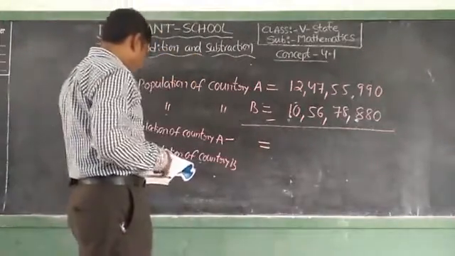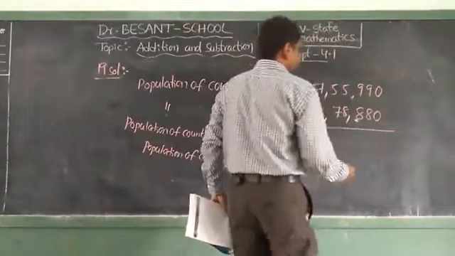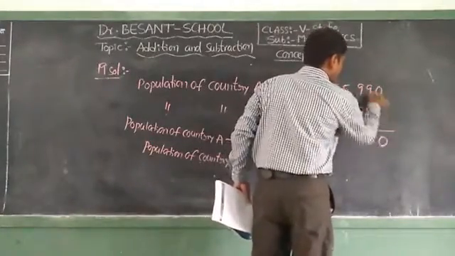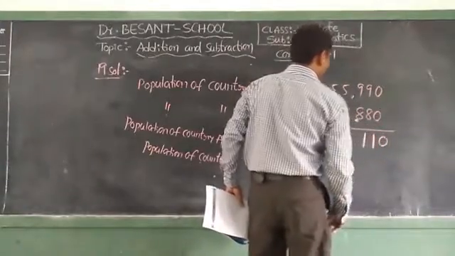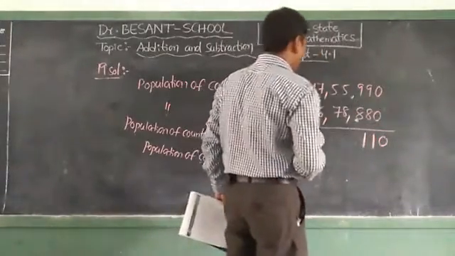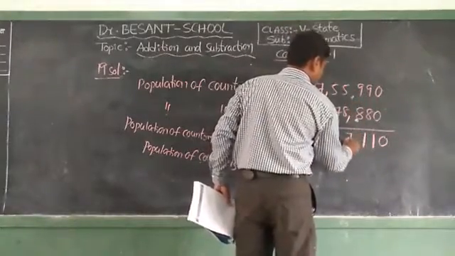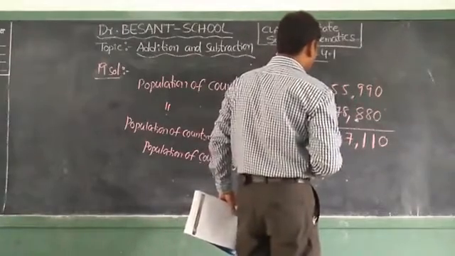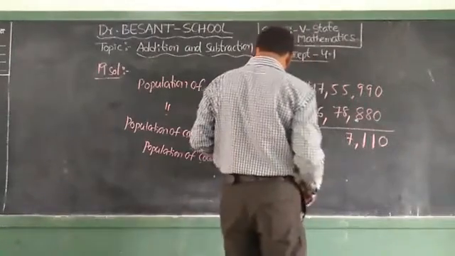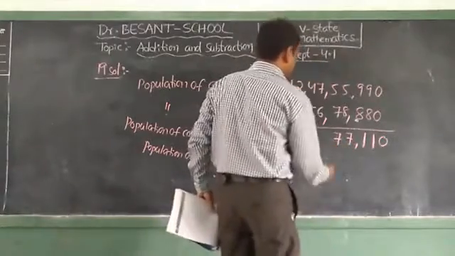Okay, 0, 9 minus 8 is 1, 9 minus 8 is 1. Okay, next 15 minus 8 is 7. Next, okay, 14 minus 7 is 7. Okay, 6 minus 6 is 0.